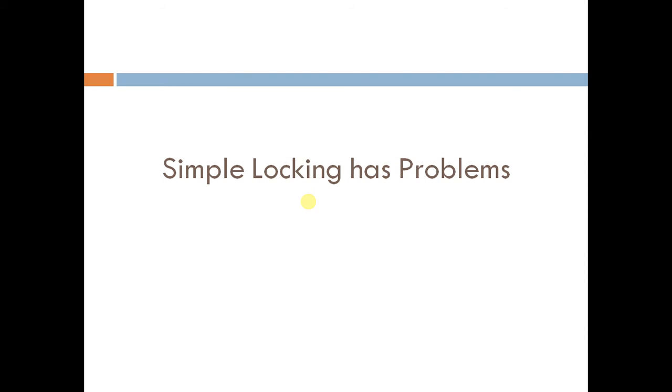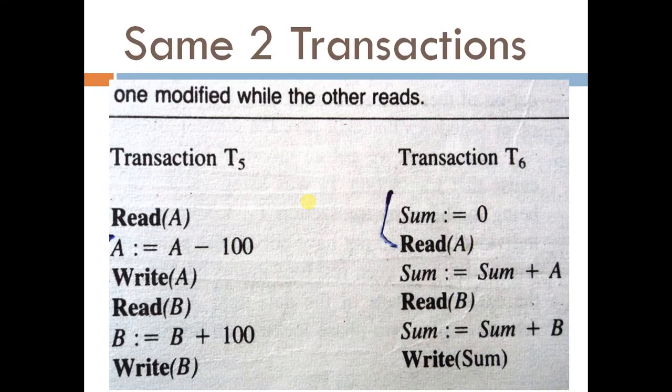Now to understand that problem, we need to go back to our previous two transaction example. I hope you might remember these two transactions which we have seen in the concurrency based problems.